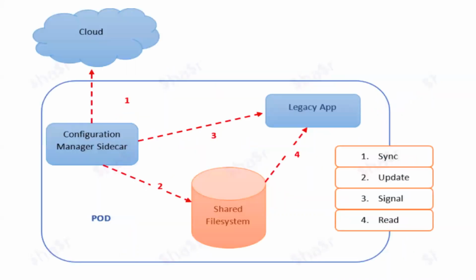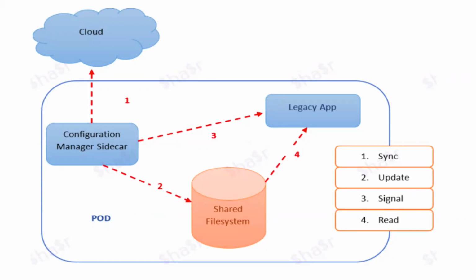Another example is configuration management. Let's say you have a legacy app and it requires some configuration changes. Without redeploying or making any changes to your legacy code, you can deploy a configuration manager as a sidecar.